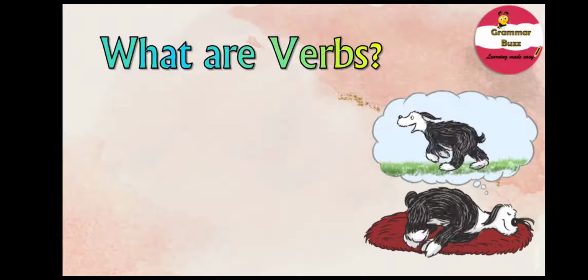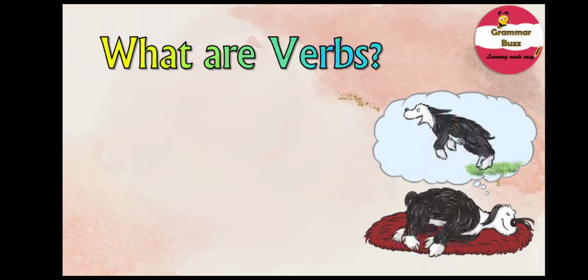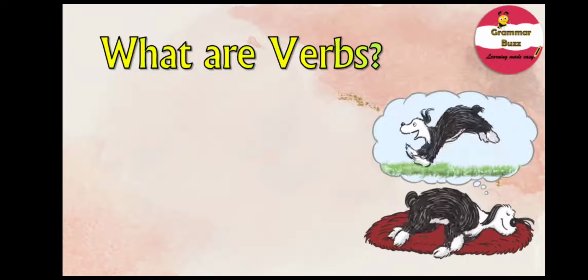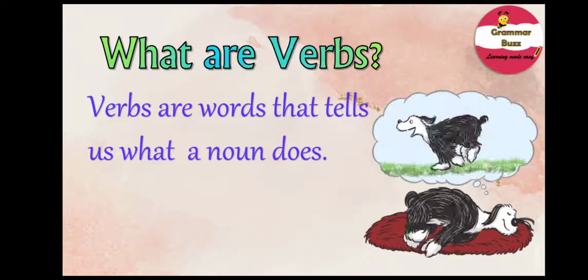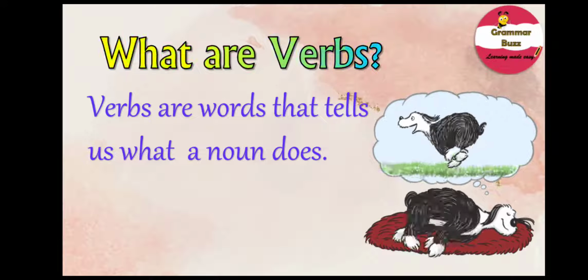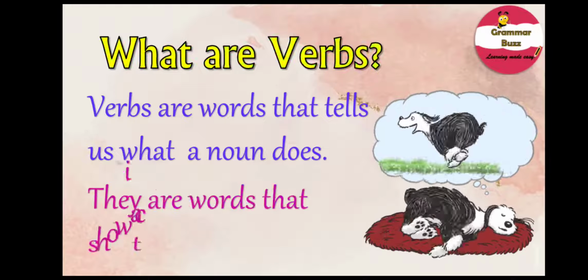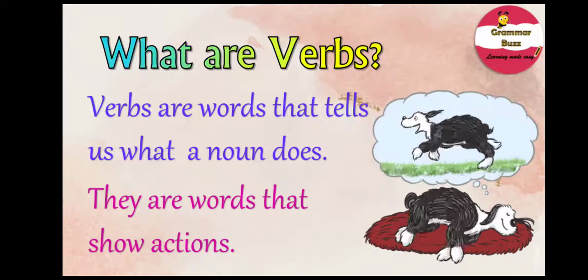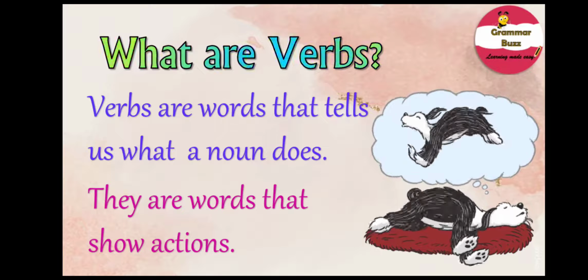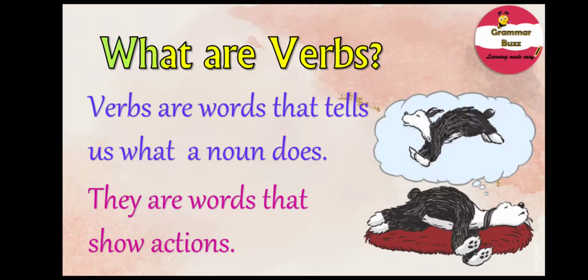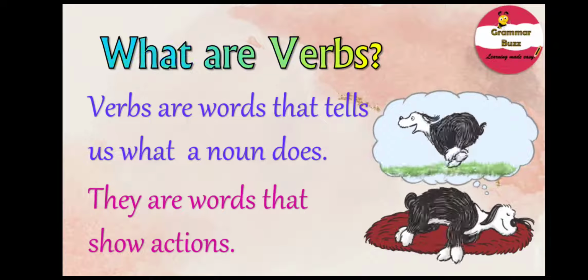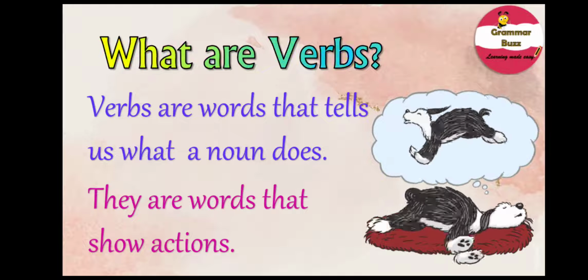Okay, so what are verbs? Well, you see, verbs are words that tell us what a noun does. They are words that show action. And since they show action, they are called action verbs. It's that simple. Action verbs are verbs that tell us what a noun does.